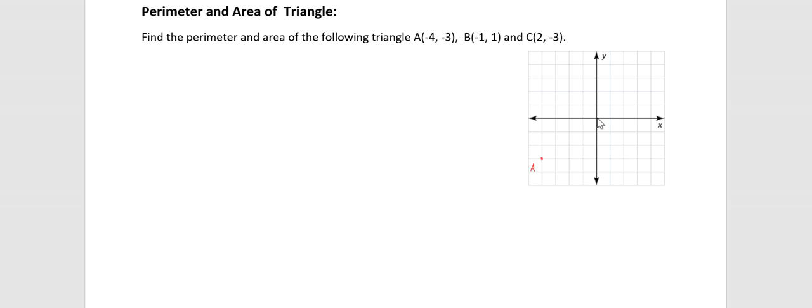Point B, we have -1, so 1 unit left, and +1, 1 unit up. Point C is (2, -3), so 1, 2 units right, 1, 2, 3 units down.